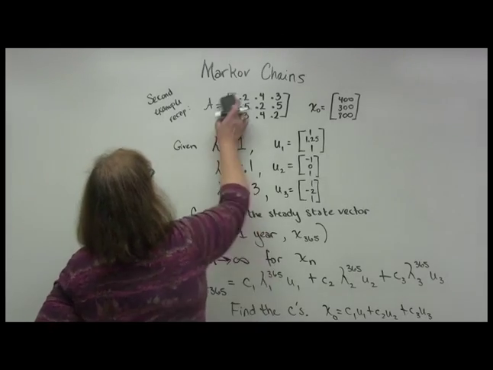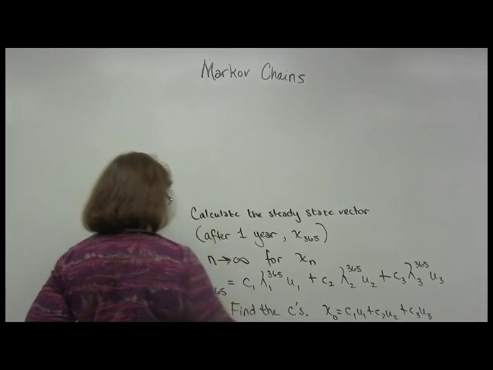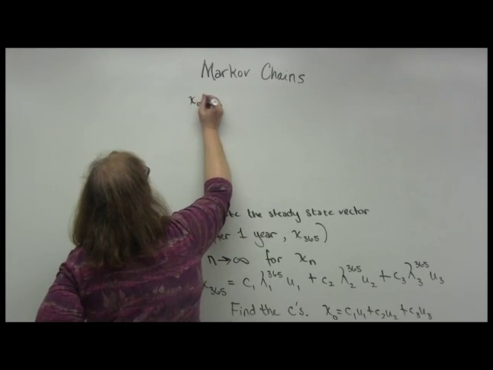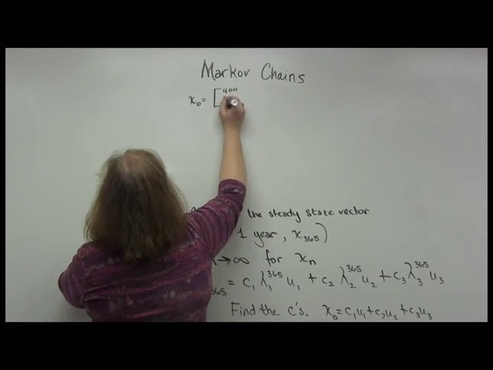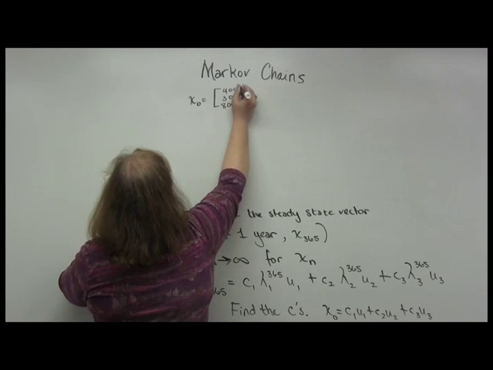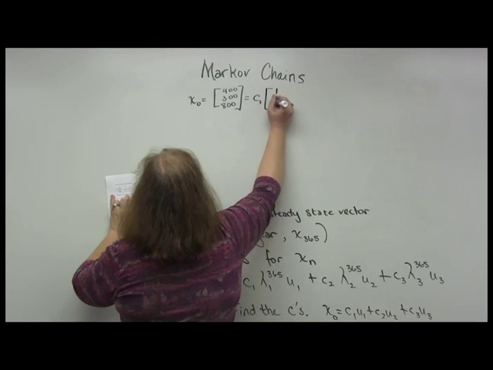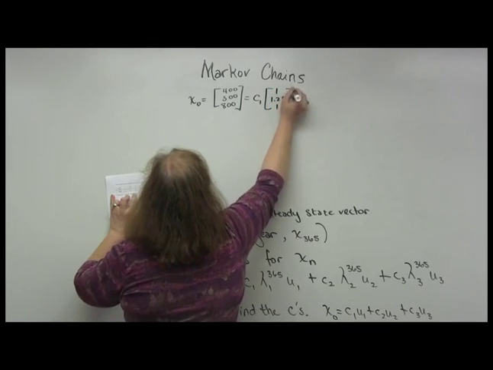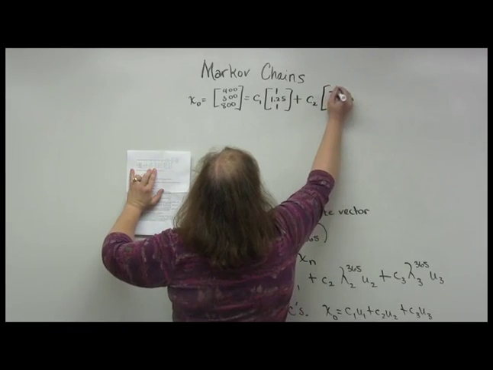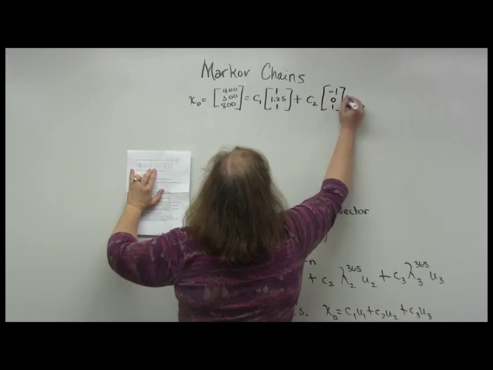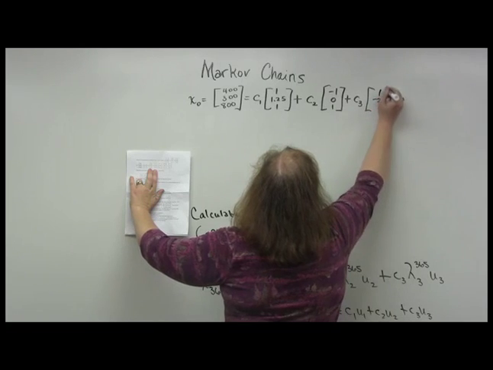So in other words, my initial state vector, which was 400, 300, 800, is equal to C1, which I'm going to find, times 1, 1.25, 1, plus C2, which I'm going to find, times negative 1, 0, 1, plus C3 times 1, negative 2, 1.